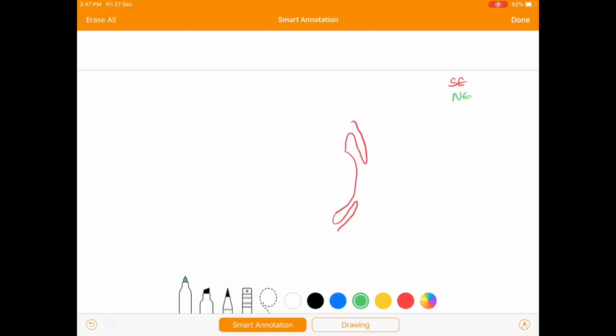So, this is the optic stalk. Then we have the retina. Then we have the ciliary body, and then we have the iris. So again, ciliary body and the iris.